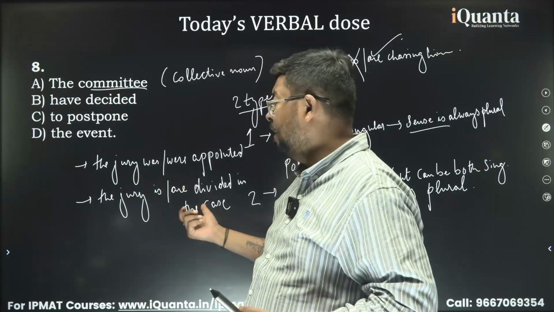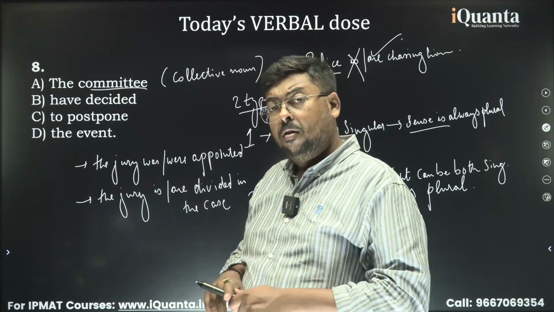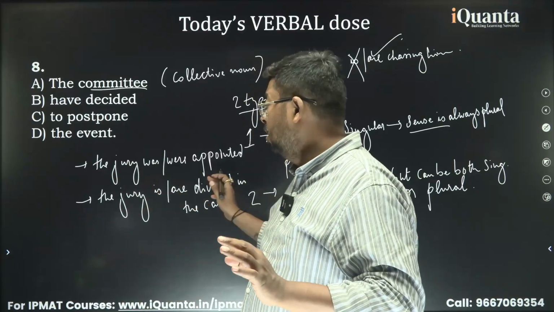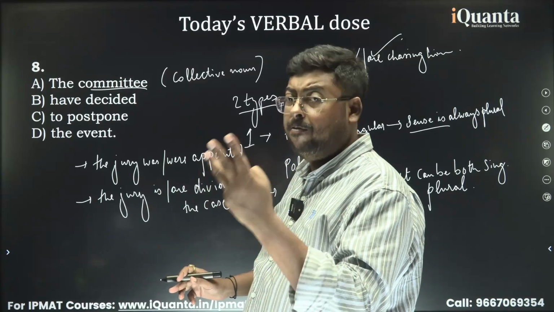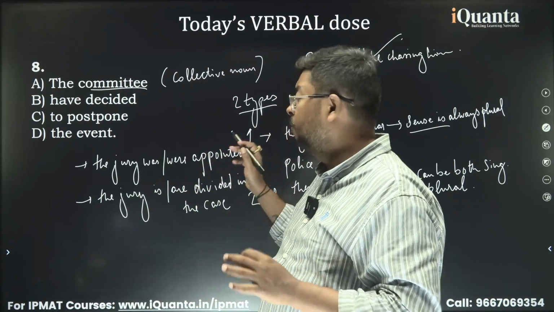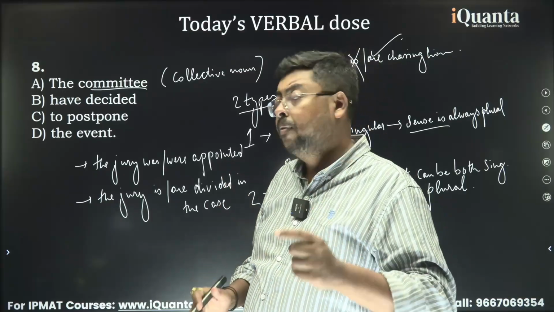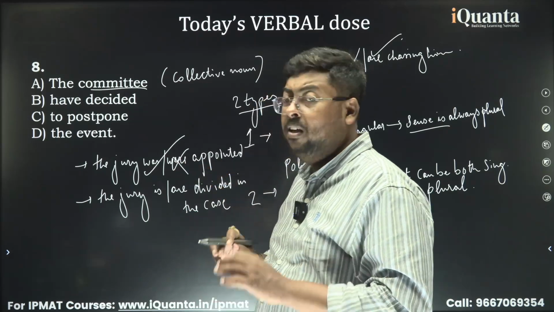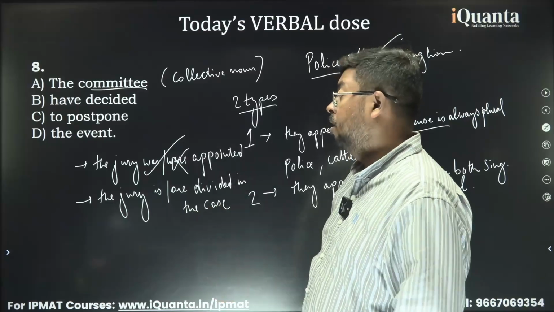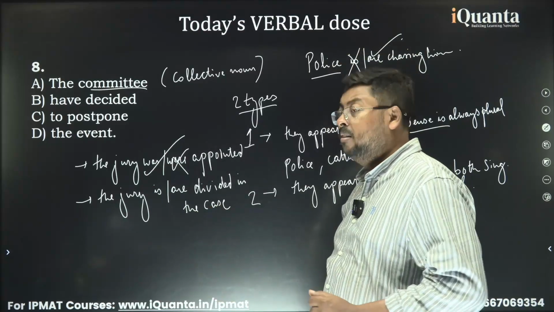Yes, they all are getting appointed, right? Which means they are together, doing the same thing, and without any fight or differences. In such a case, it will always be treated as singular. So it would be the jury was appointed. Were would be removed. Second part, the jury is, are divided in the case.